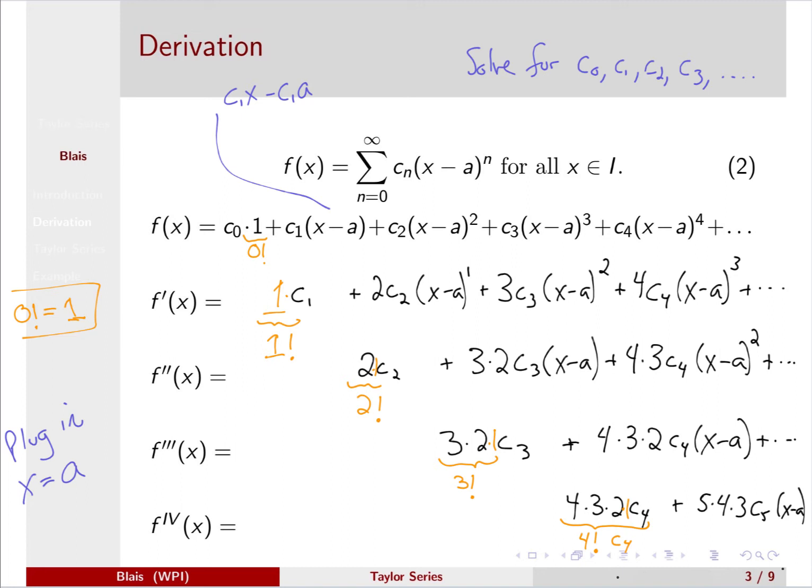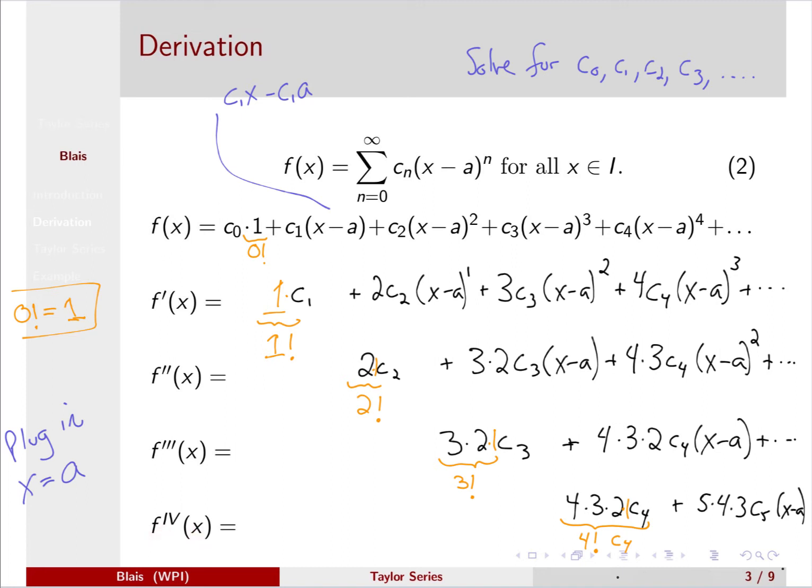And now we've identified a very nice pattern that for each of these derivatives, when we plug in x equals a, we get one term, which is actually n factorial, right? This is the fourth derivative. So in this case, we want to think of it as n equals 4.